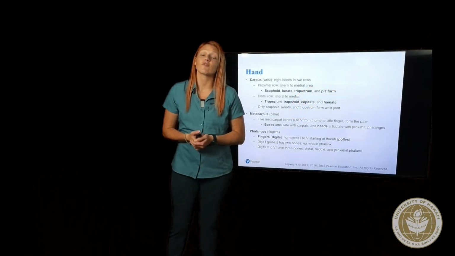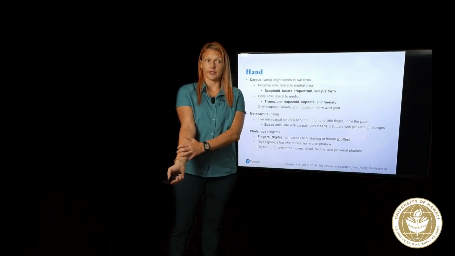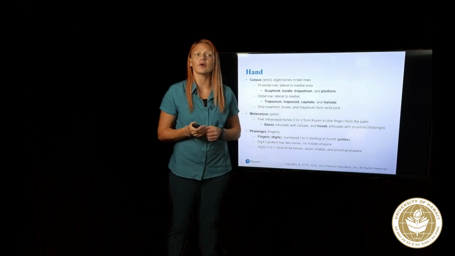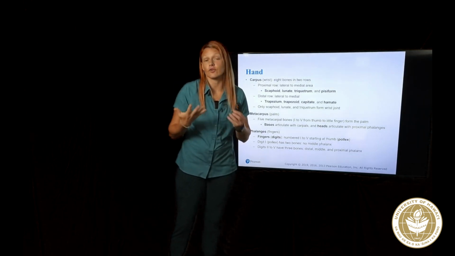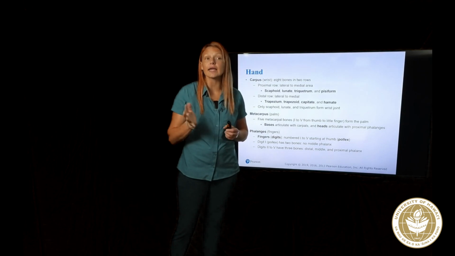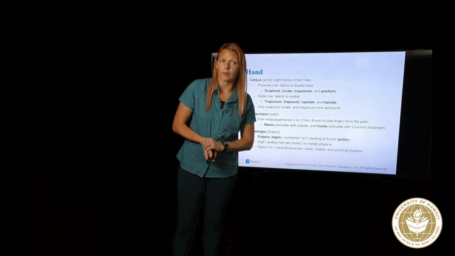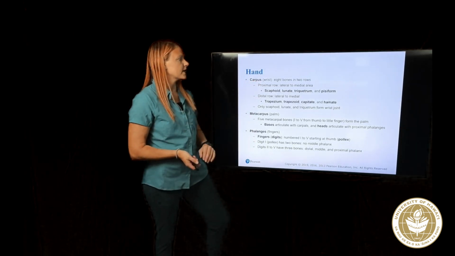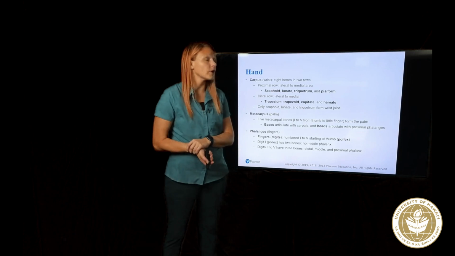Next, we're going to move from our forearm into our hand region. The bones of our hand, or using the correct terminology, our manus, include our carpals, our metacarpals, and our phalanges. The carpus or wrist has 8 bones in 2 rows.